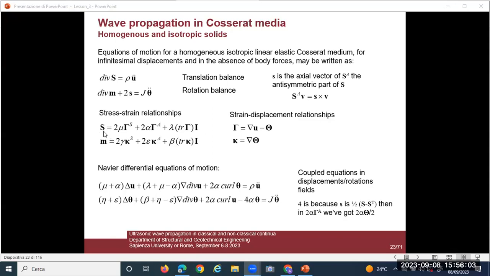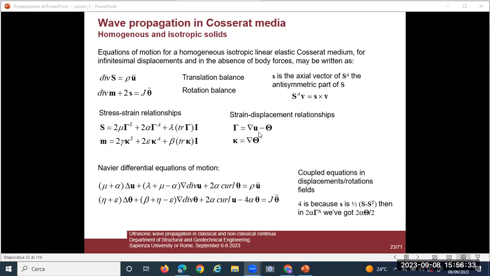So S is, as you see, you've got here 2 mu and lambda, multiplying the trace of gamma. This is what in a Cosserat medium corresponds to the Cauchy stress. This is not exactly the same. Why?